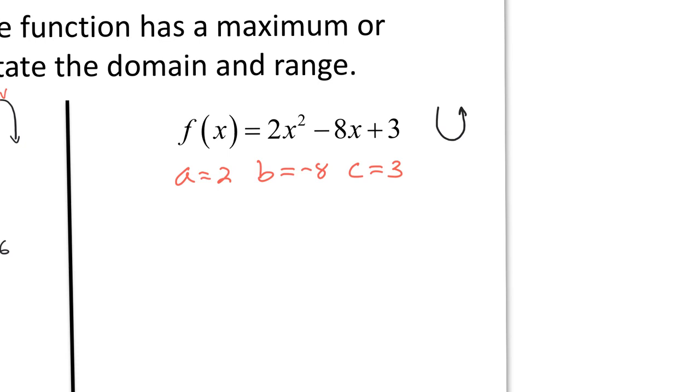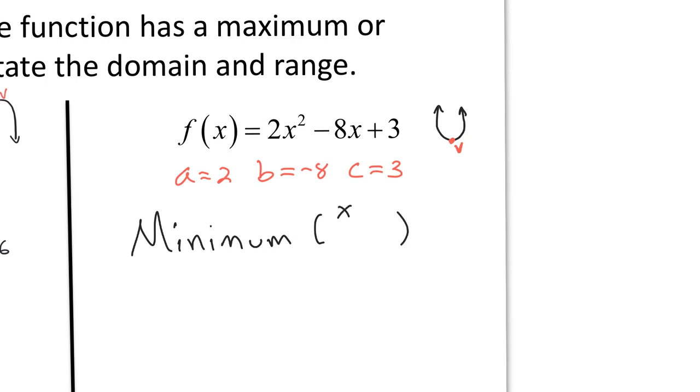And the vertex on the parabola is going to be on the bottom, right there. That's my vertex. So when the vertex is on the bottom, that's a minimum point. So we have a minimum here, and we need to find our x and y for my vertex, because that is going to help us with the domain and range.